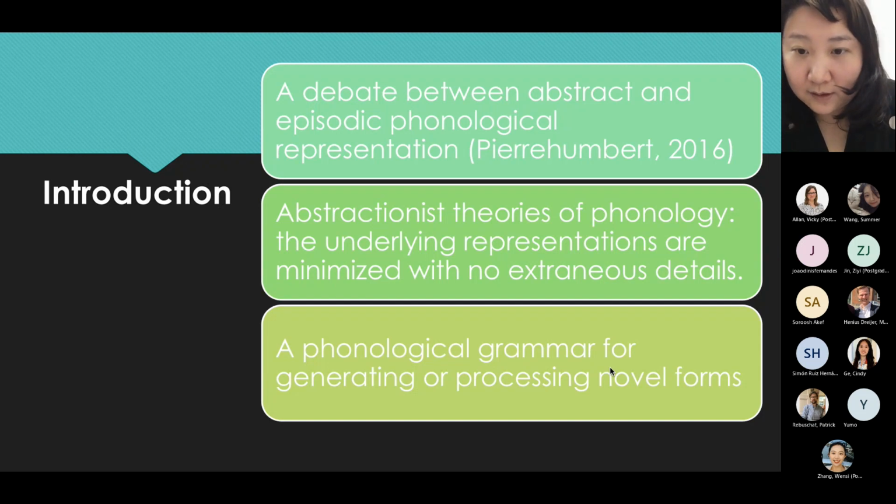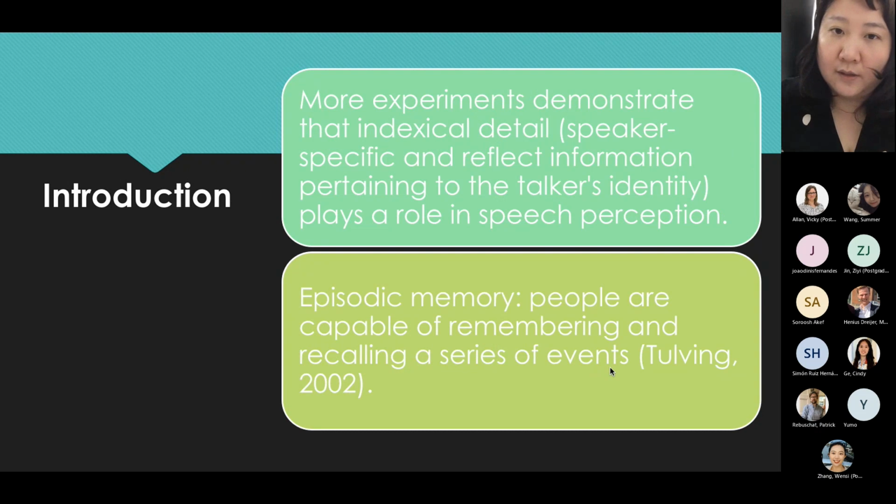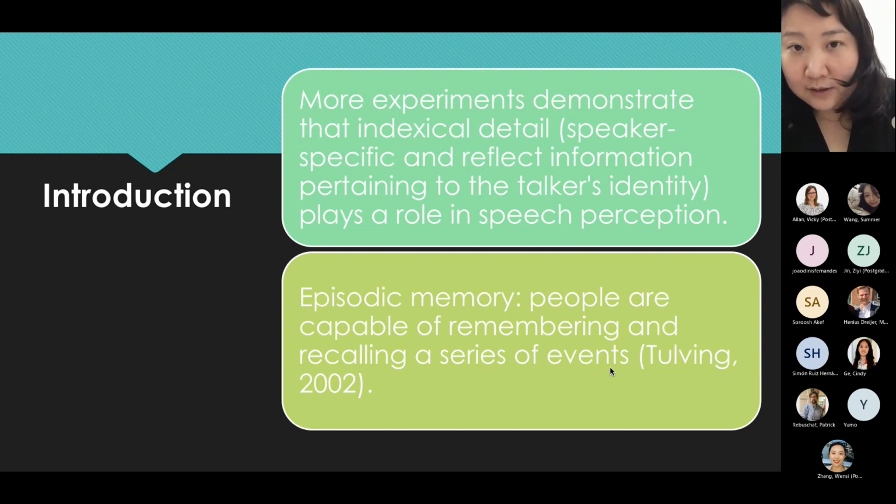There is also evidence showing that people do have this kind of abstract representations, but more and more studies are showing that it's possible that in our representations we do not only have abstract representations, but we also include some details, especially the indexical details. Say when we are trying to store some sounds in our mind, we might have speaker-specific details, pertaining to the talker's identity.